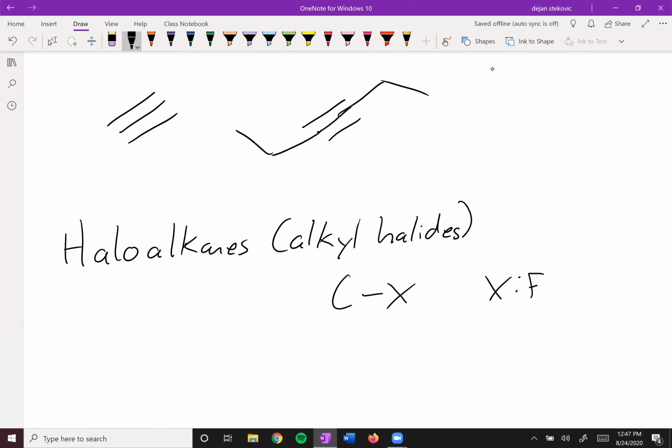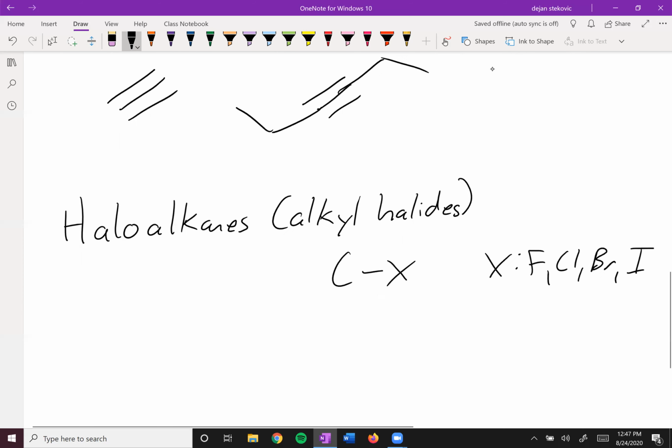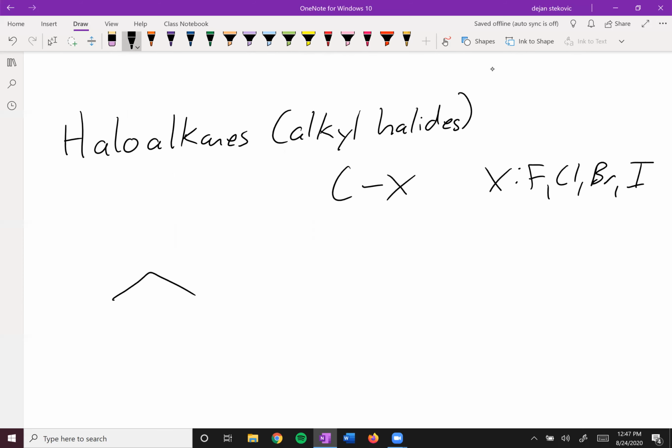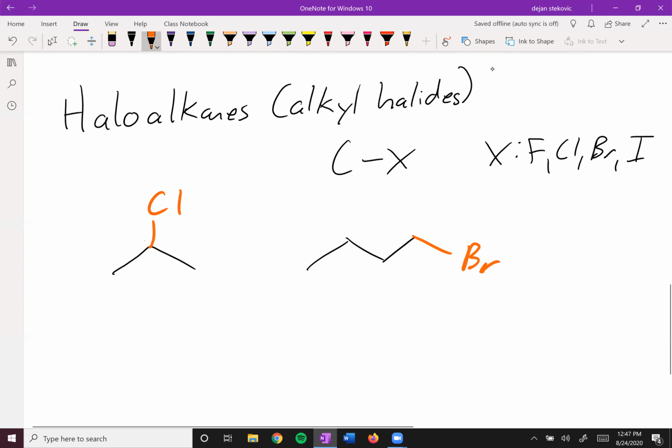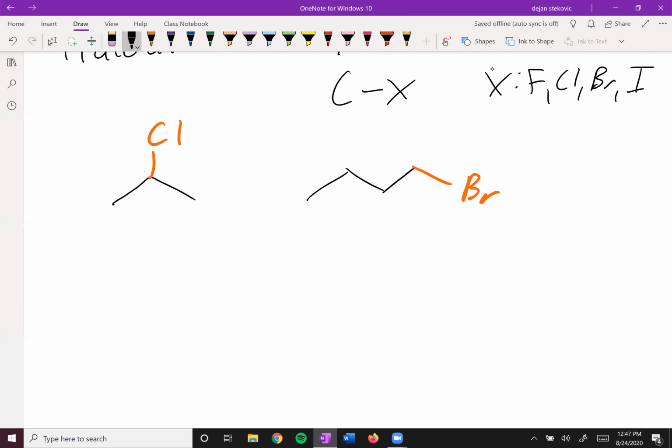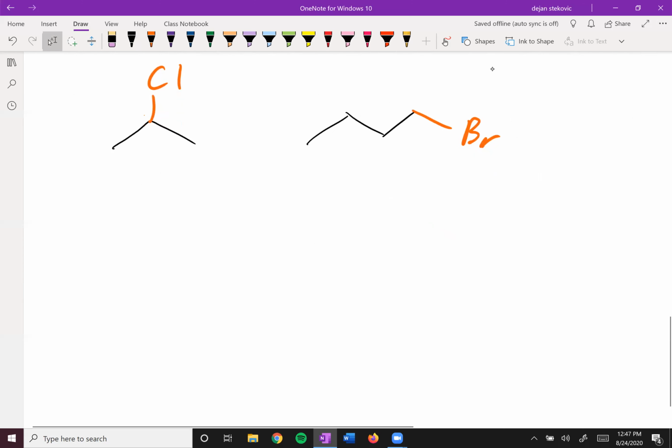So this X could be a fluorine, it could be a chlorine, it could be a bromine, or it could be an iodine. There's a chlorine, and then maybe we add a bromine here or something like that. So if you see one of these, it's a haloalkane.